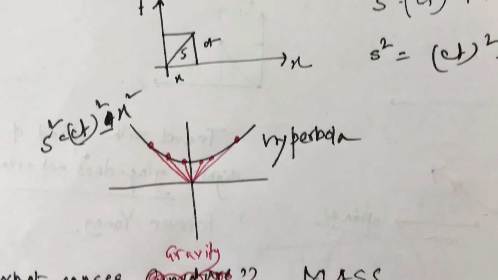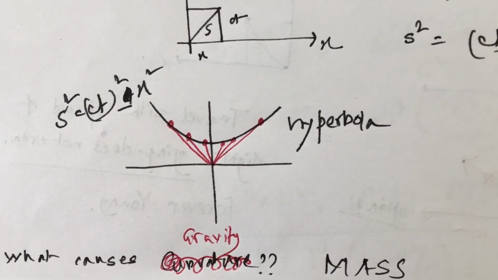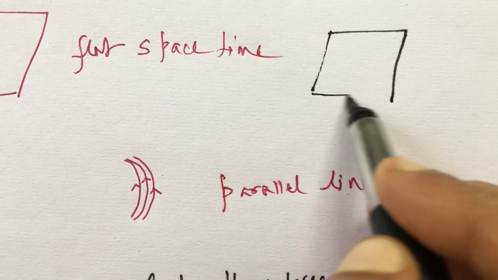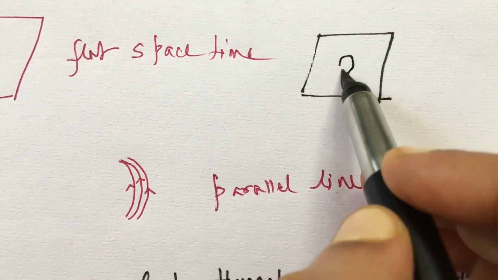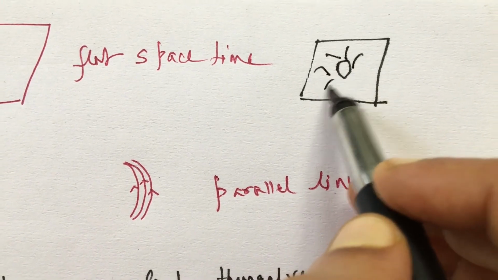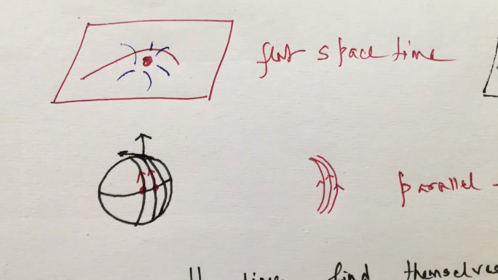But what causes gravity? We know it's mass. If we consider flat space-time like this is a flat one, and if we put a mass here, I will get a depression around this object like this.